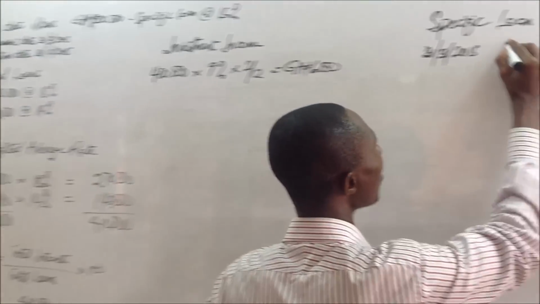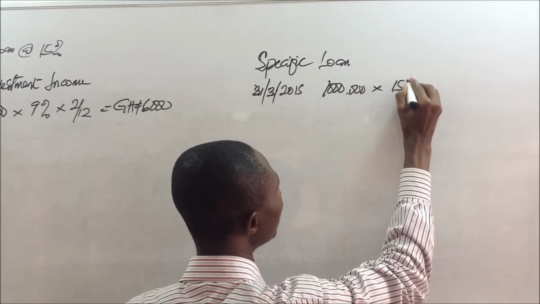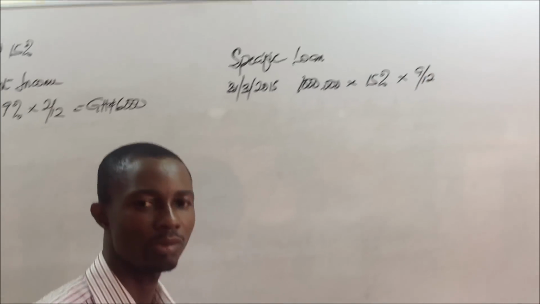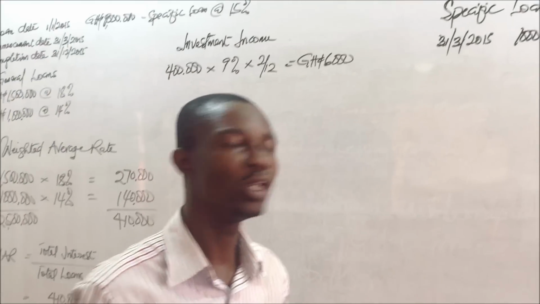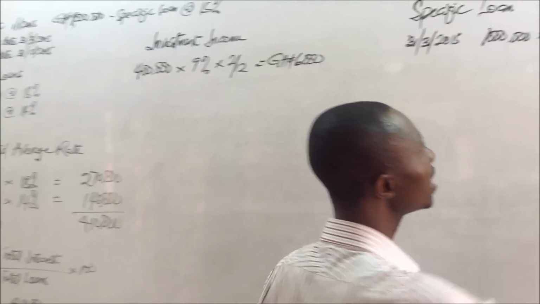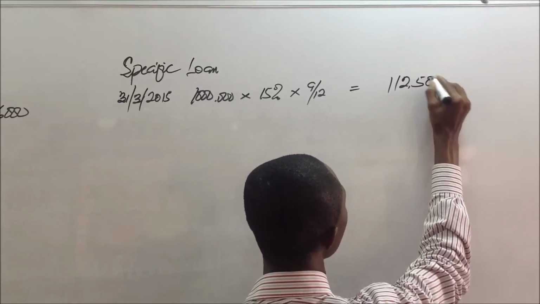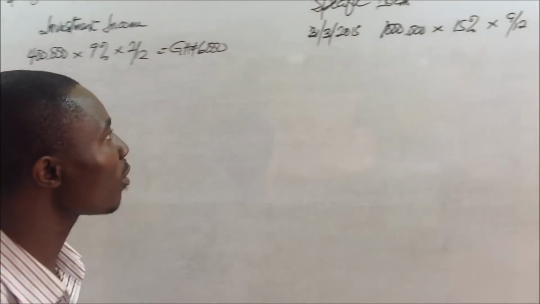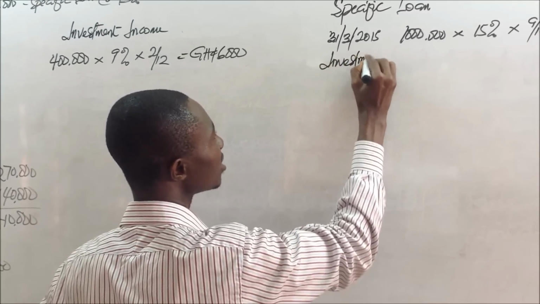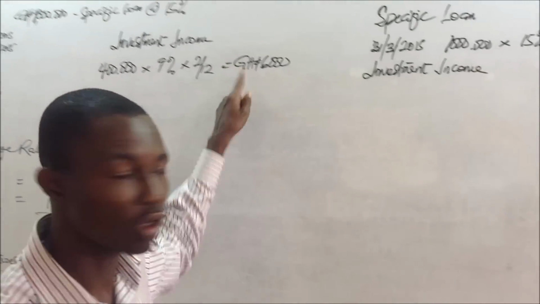So we would take our 1 million loan obtained, multiply it by 15%, and this one will be running for only 9 months. It will run for only 9 months because we are starting from 31st March 2015. So this gives us an amount of 112,500. Now of this 112,500, there is also an investment income, which is the 6,000 we computed here.